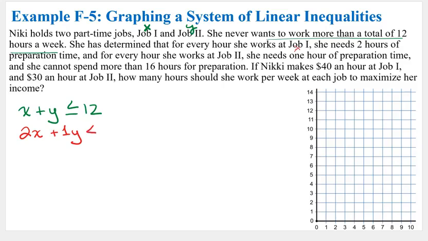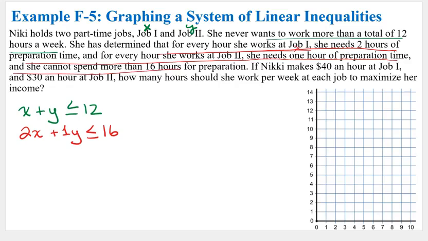So those two together have to be less than or equal to 16 hours for prep. So that is that second equation. So notice it's just a matter of me taking the words and turning it into math. So that was the second inequality we got from there.